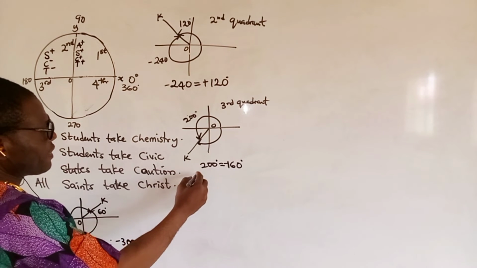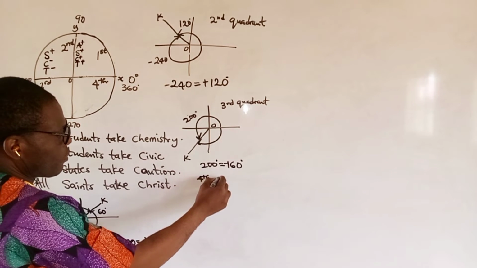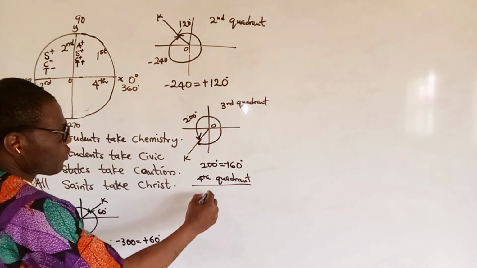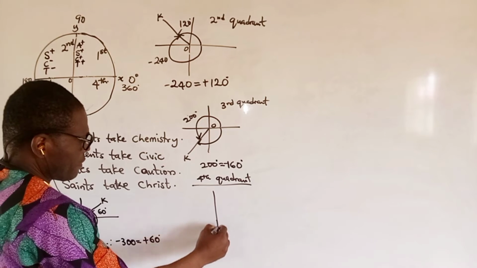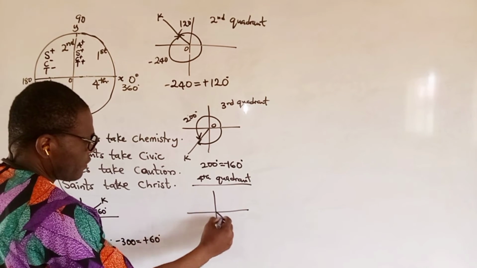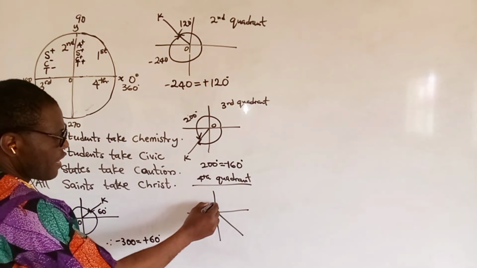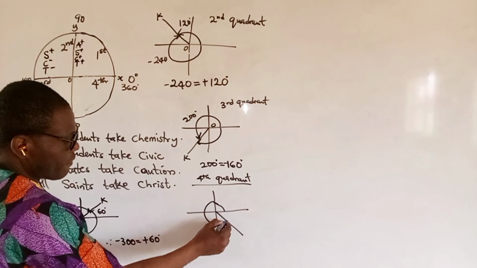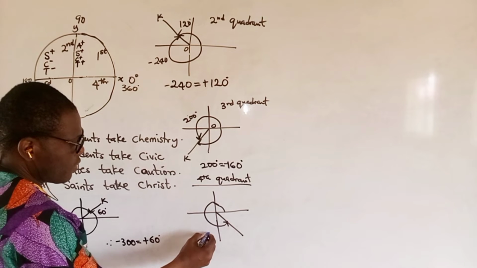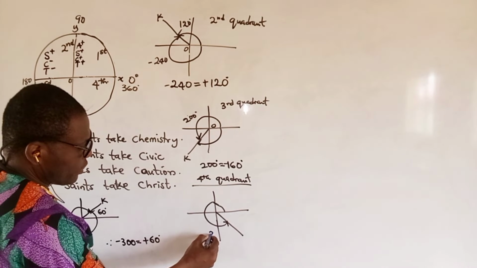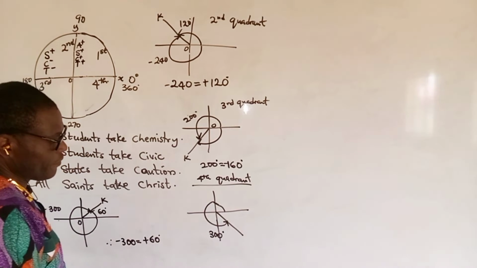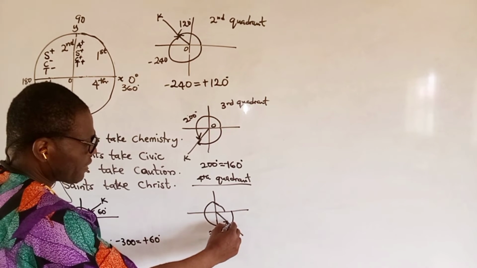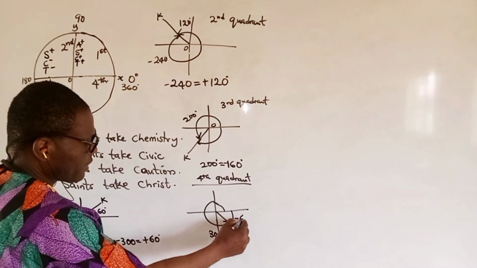This is the fourth quadrant. If I have maybe 300 degrees, then in the clockwise direction, negative 60.